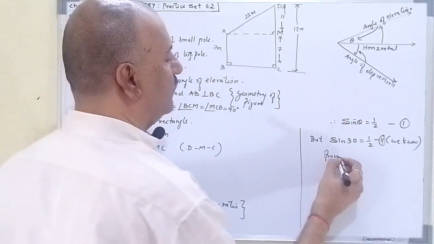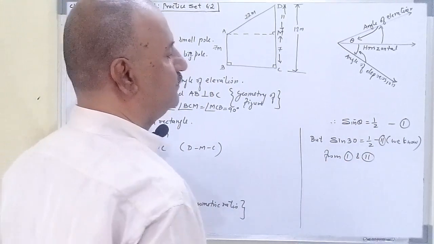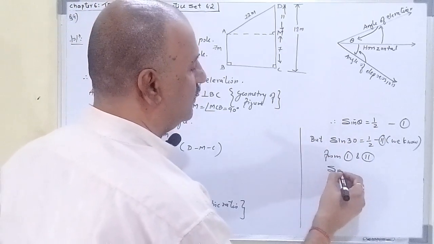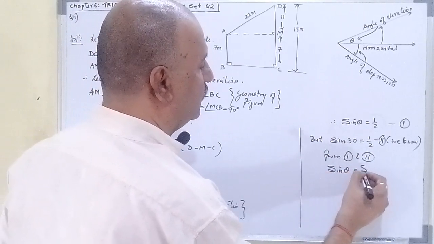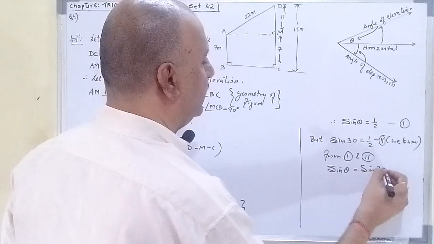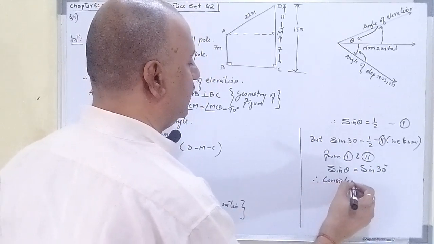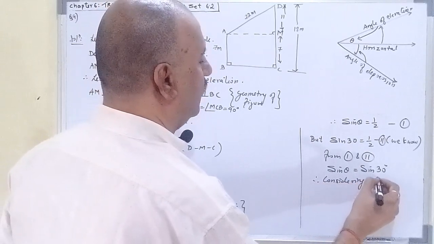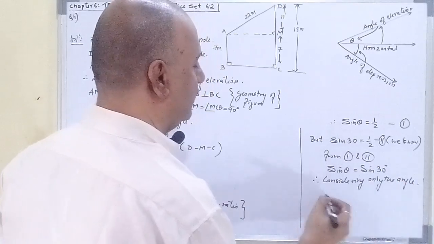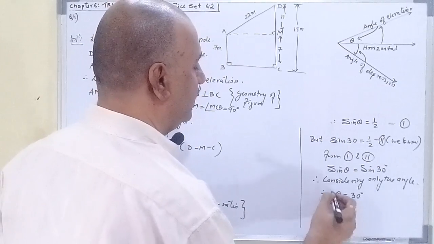Therefore from 1 and 2, right hand sides are equal, so left hand side is equal. Therefore sin theta equal to sin 30 degrees. Therefore considering only the angle, therefore theta is 30 degrees.